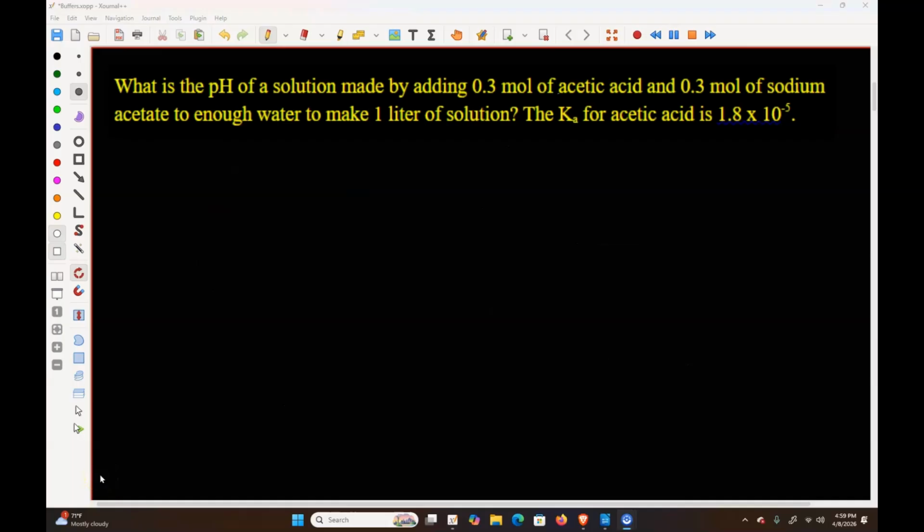Okay, in our first problem, we're given a sodium acetate mixture with acetic acid. And we want to know what the pH is. Okay, so let's do it. Let's do this problem twice. Let's do it once with the sodium acetate and once without the sodium acetate. So let's go ahead and do it first without. So CH3COOH.